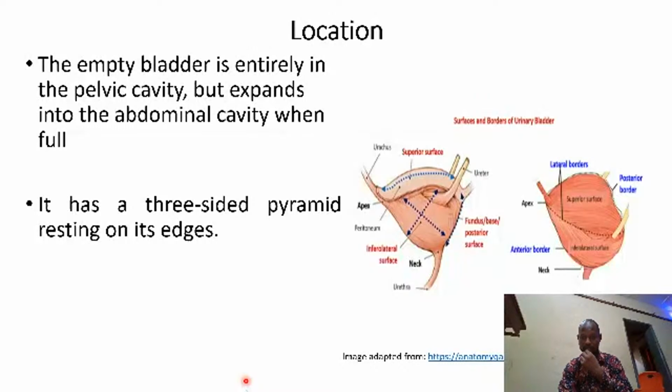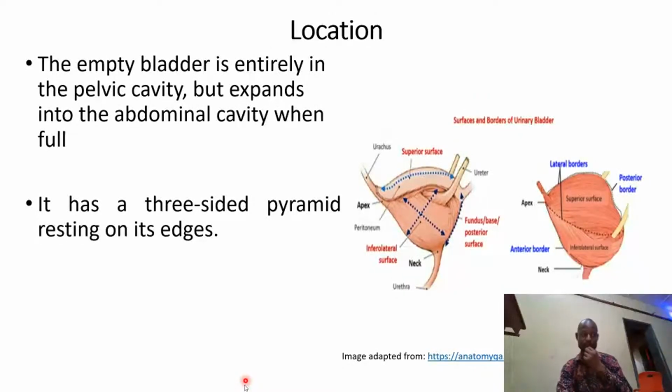After the transversalis fascia, as you go deep, the next thing is the parietal layer of the peritoneum.